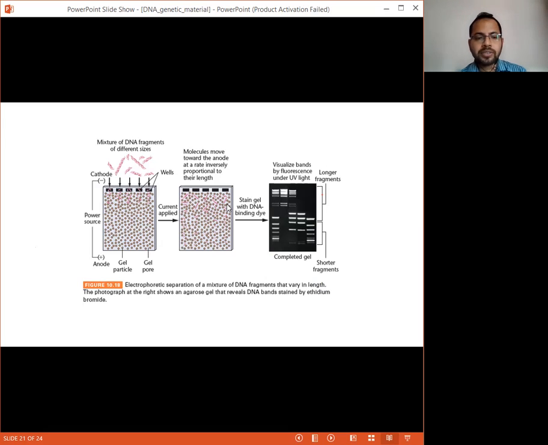I'm not repeating the same experiment again, but in the experimental part, you will find ethidium bromide stained DNA bands are obtained, and theoretically the longer fragments will not move faster in this kind of gel, but the shorter fragments will move forward, and you will find such bands in the electrophoresis gel. These techniques are directly associated with DNA structure.